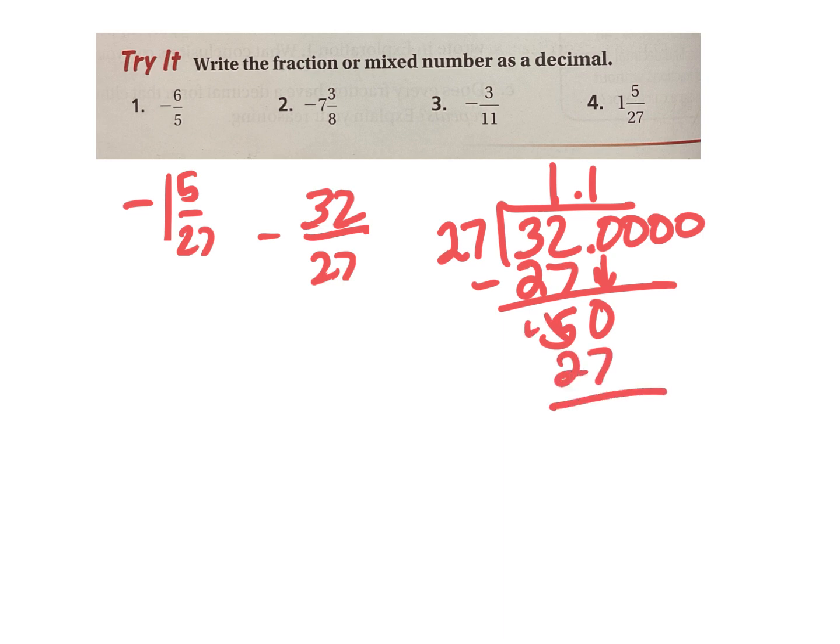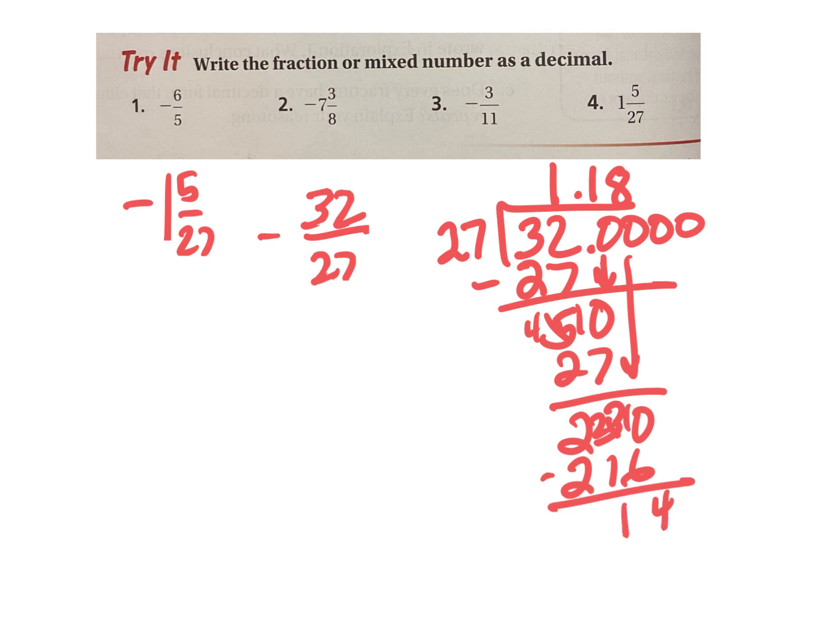So that becomes 23. So then I bring down my 0. How many times does 27 go into 230? 8 times. And 8 times 27 is 216. When I subtract that, it gets me 14. And so I'm going to bring down another 0. How many times does 27 go into 140? 5 times. 5 times 27 is 135.